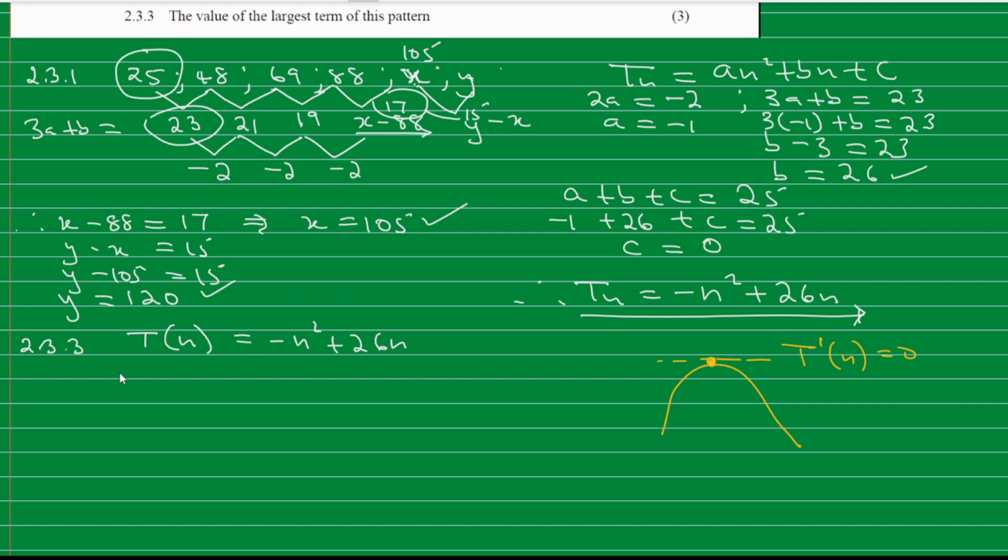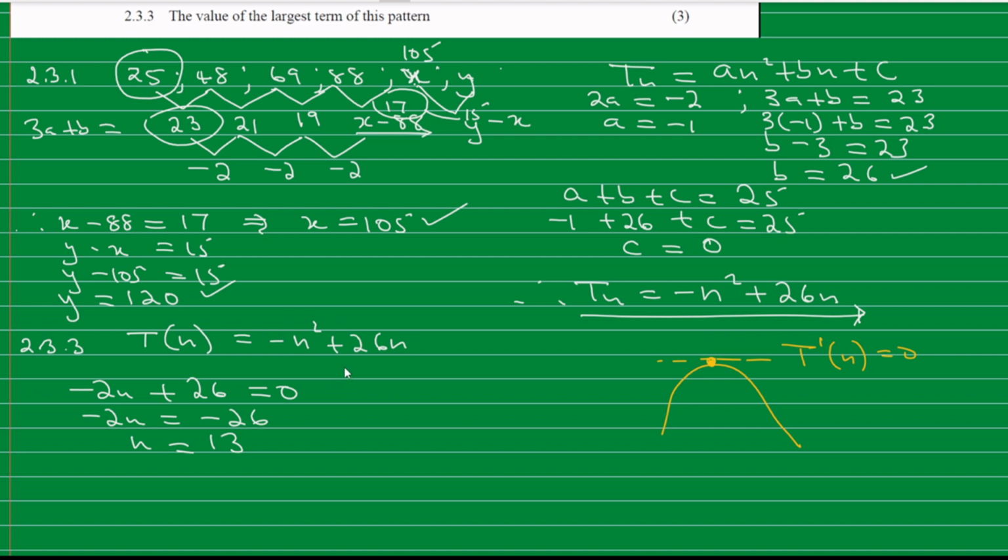When we derive this function, we get -2n, 2 times -1, that is -2n plus 26 is equal to 0. We are equating to 0. So solving this one, we get -2n is equal to -26. So our n will be equal to 13.